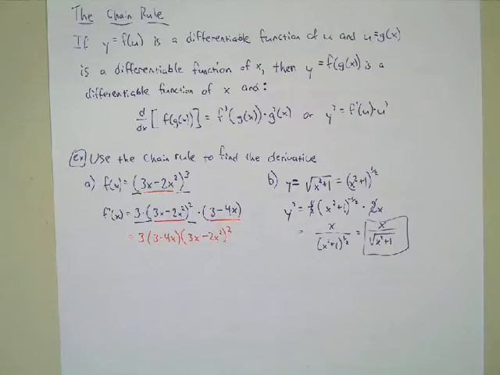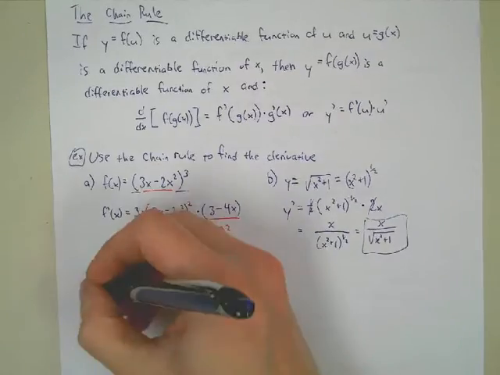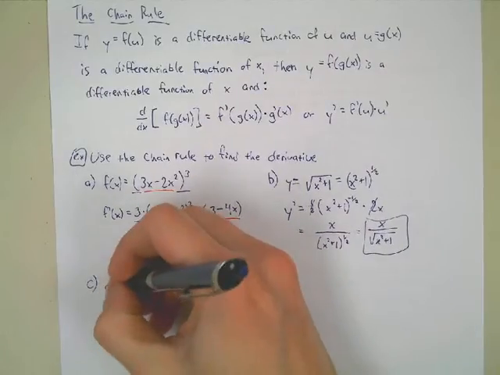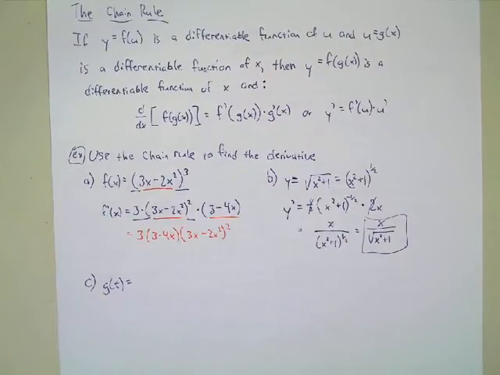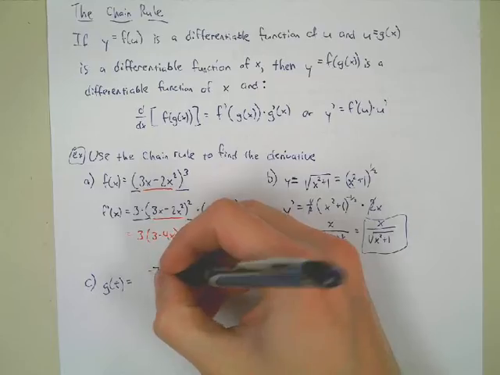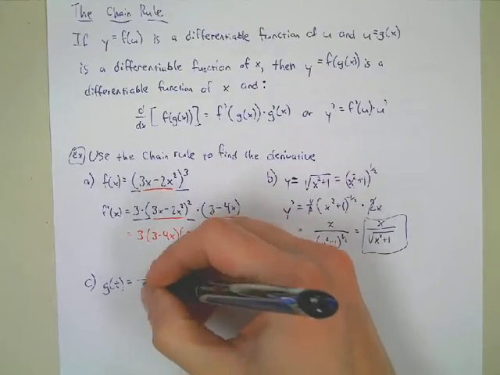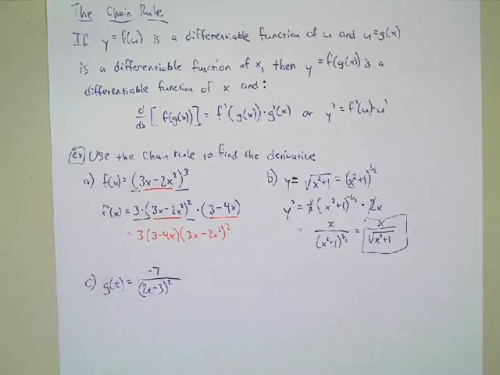All right, let's try one more, or actually two more here. Yeah, two more at least. All right, so g of t. Change the variables up a little bit here. I see a big division bar there.